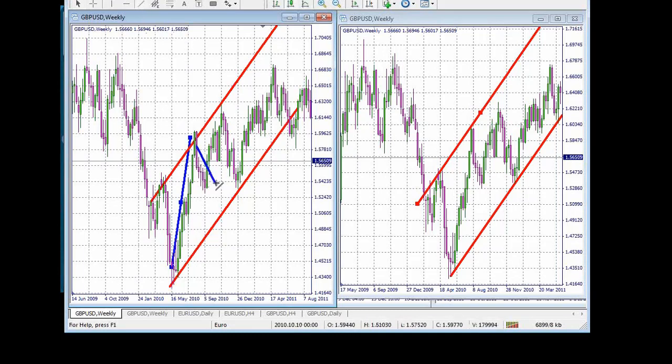Here we have the second one, which is smaller. The next one, the third wave. Fourth and fifth.